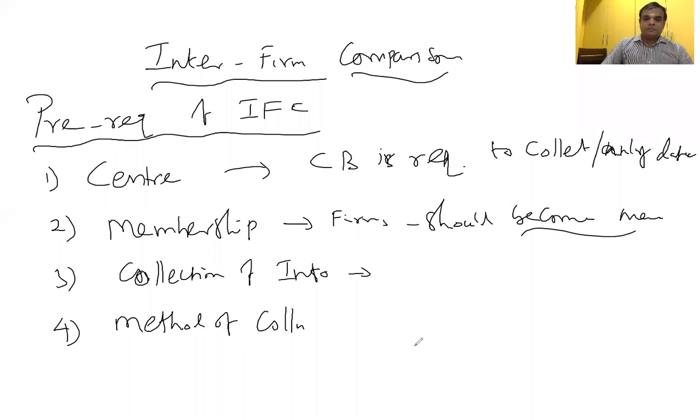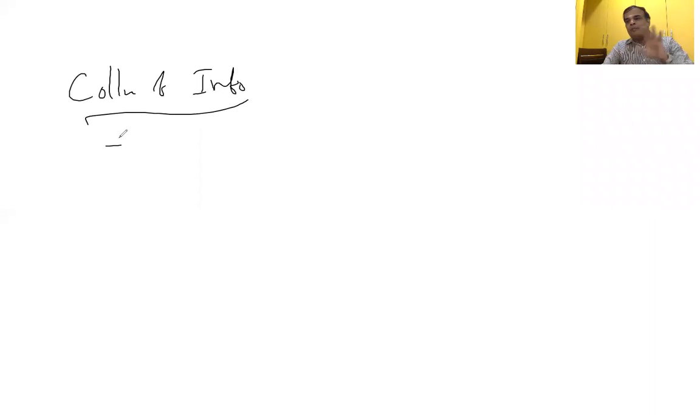Collection of information. What information do they have to collect? In the process of manufacturing, right from procurement of raw material till we sell the product, what processes are there? All those things we have to collect, in a standardized format.